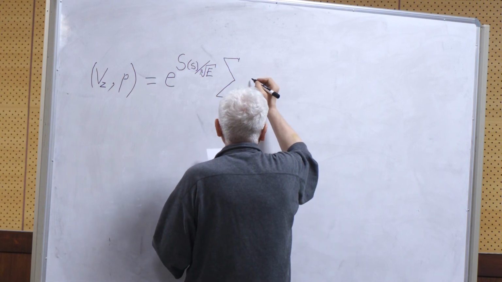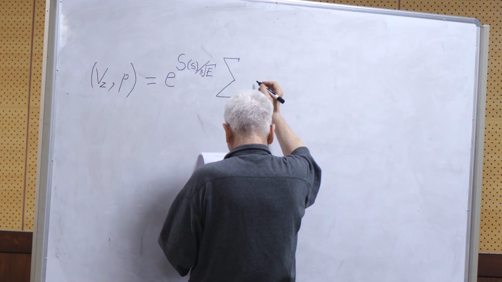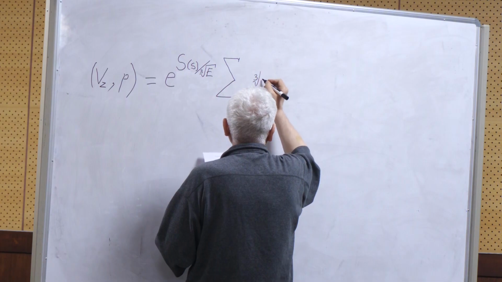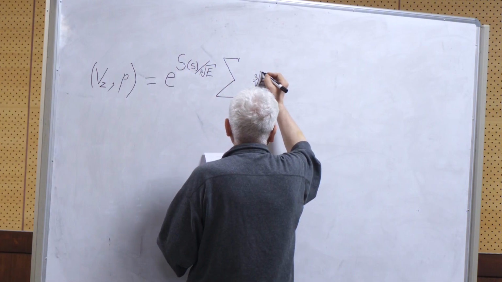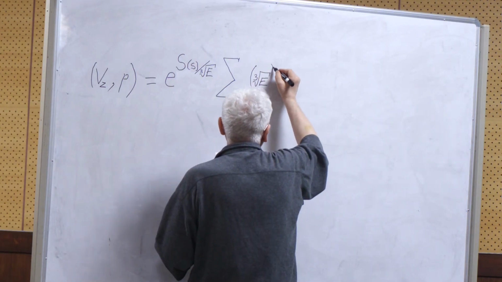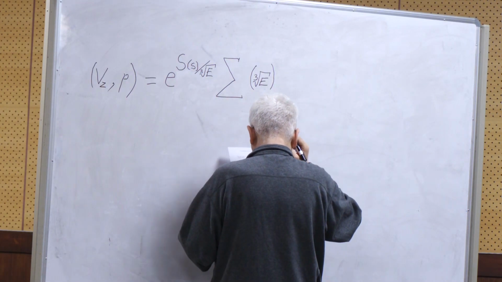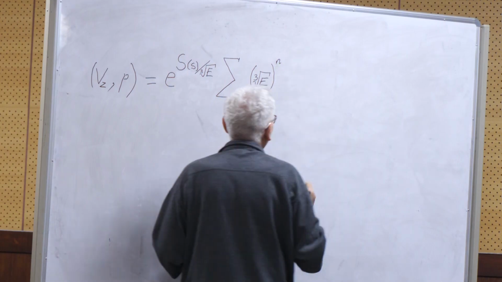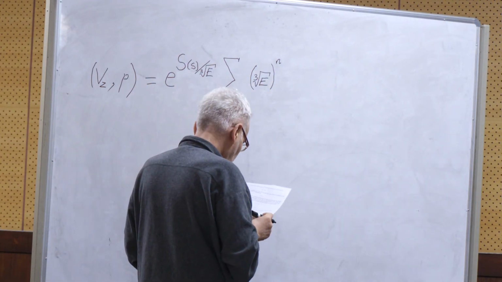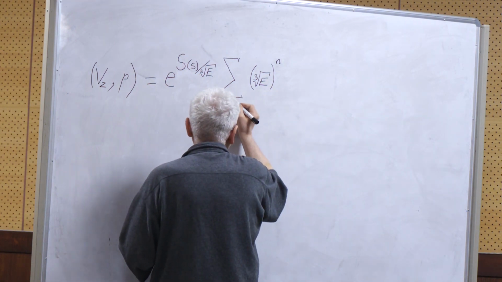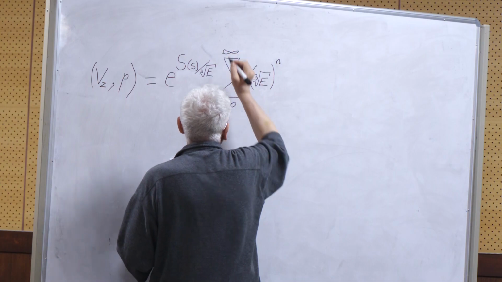We just take the square root of the Ekman number, multiplied by n. This is our small parameter. And n is starting from 0 till infinity in principle.